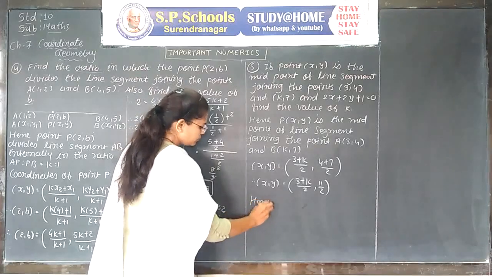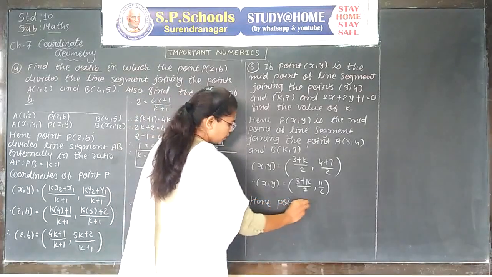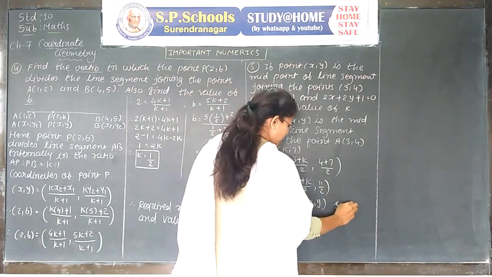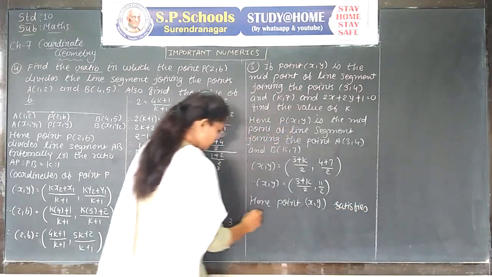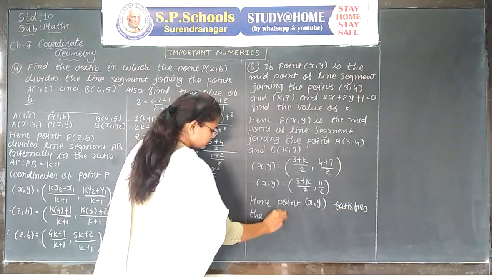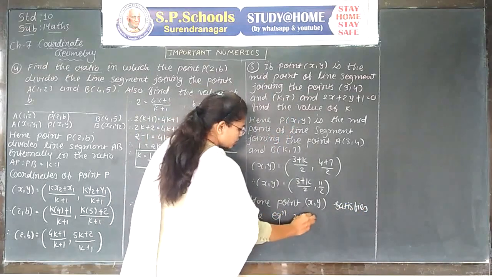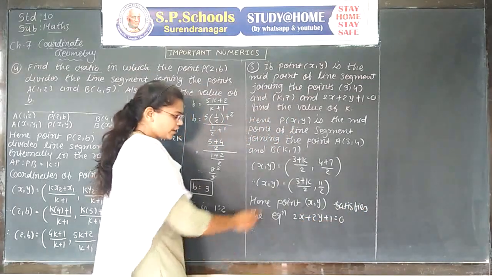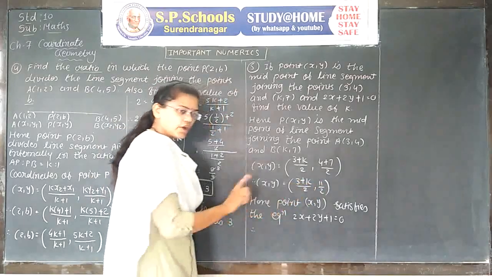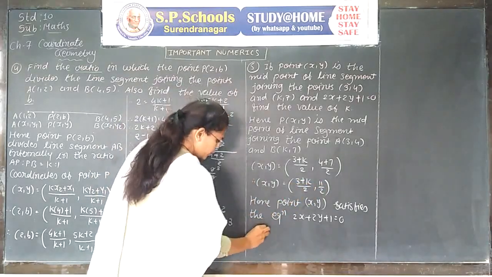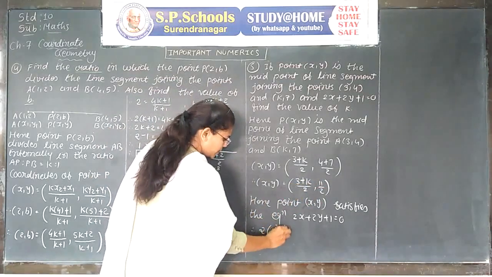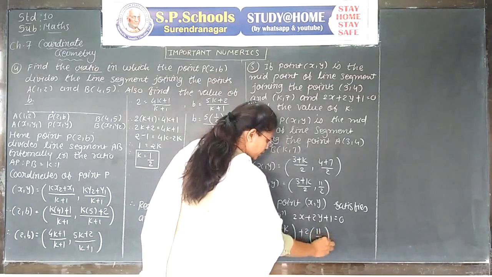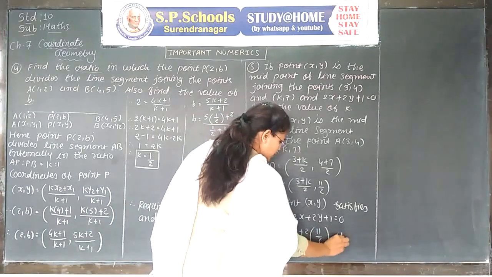We substitute the values of x and y we obtained from the midpoint: 2 times (3 + k)/2 plus 2 times 11/2 plus 1 is equal to 0.